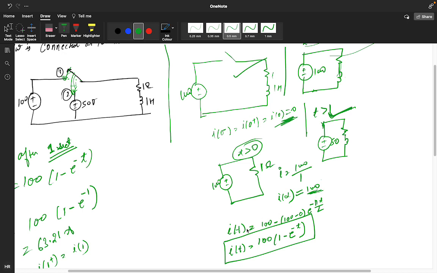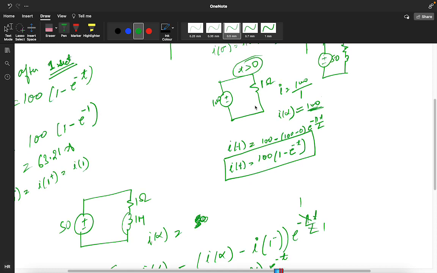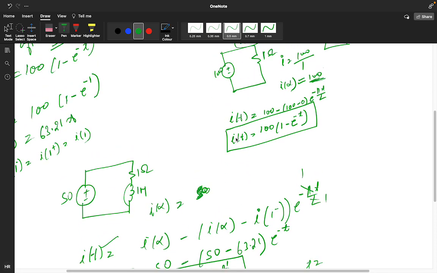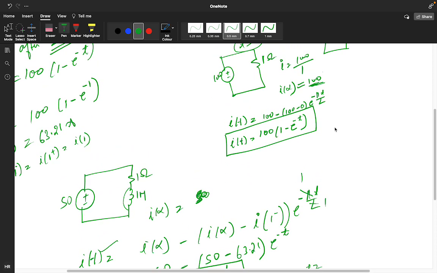So I of t is equal to 100 minus 0, times e power minus Rt by L. I got the equation for this circuit, so this current I got it. I of t is equal to 100 into 1 minus e power minus t. This is my current.